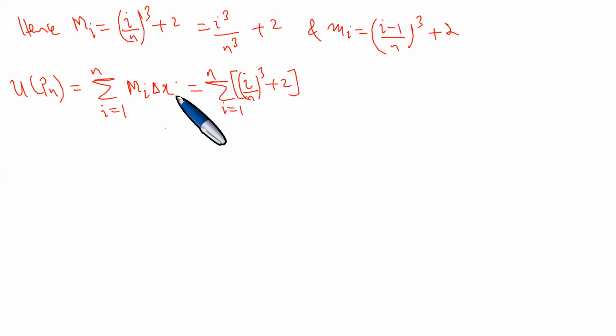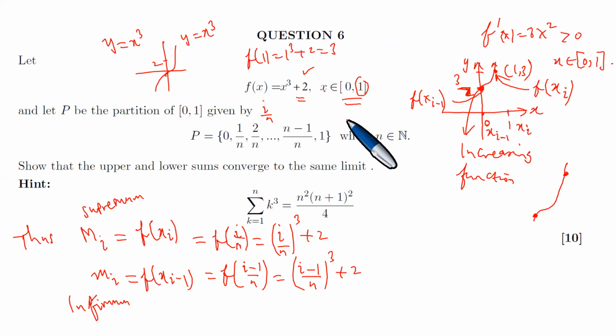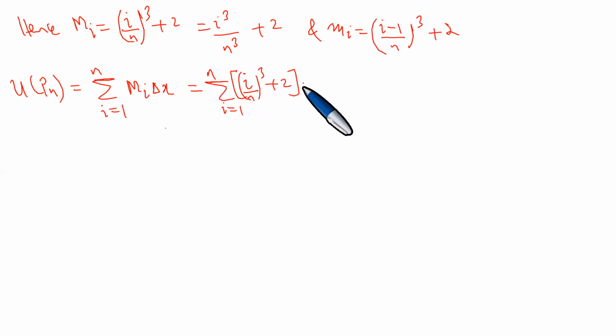Okay, so now we have that. The delta x is the difference between any two successive points in the partition. So you'd have maybe this one and this one subtract: 2 over n minus 1 over n, which is 1 over n.